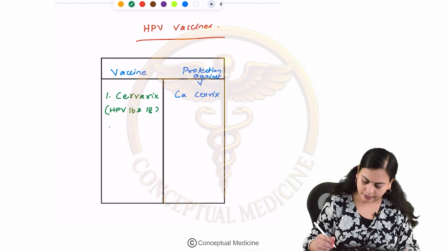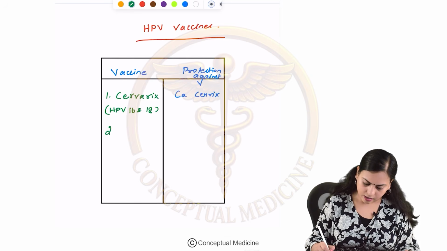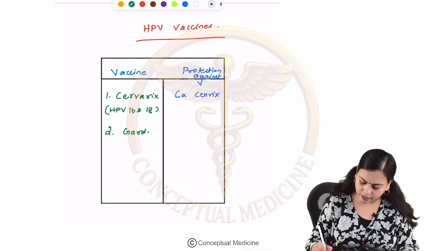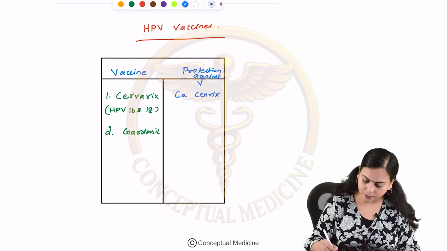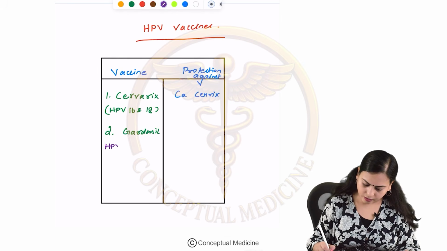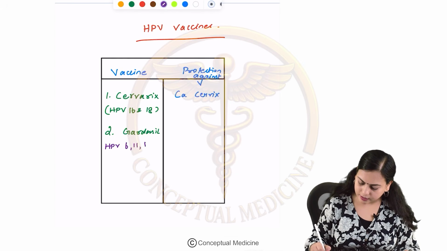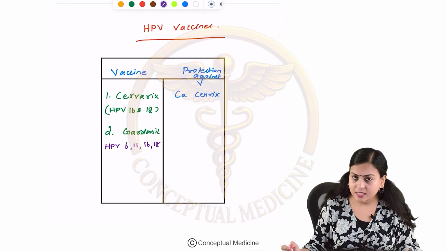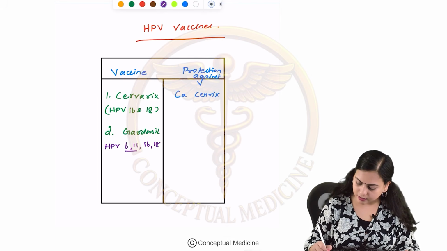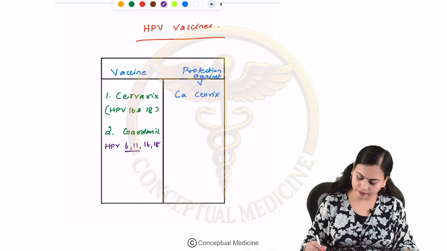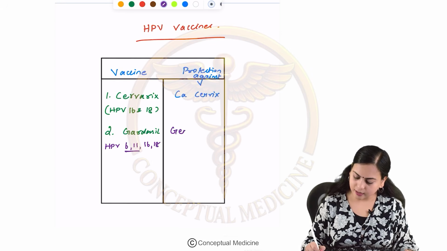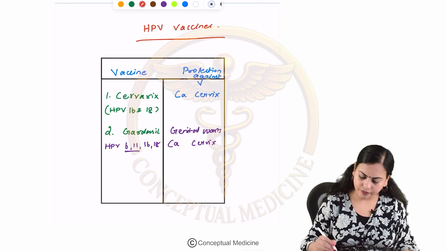And the next one is Gardasil. This is effective against HPV 6, 11, 16 and 18, and since the benign serotypes of HPV are also included, this can give protection against genital warts also, and it can also prevent cancer cervix.